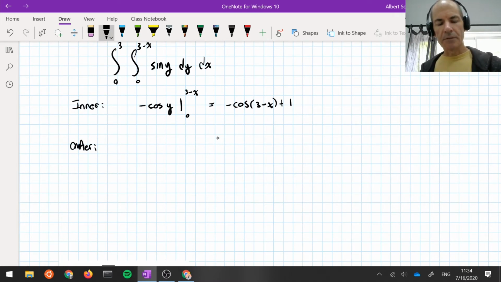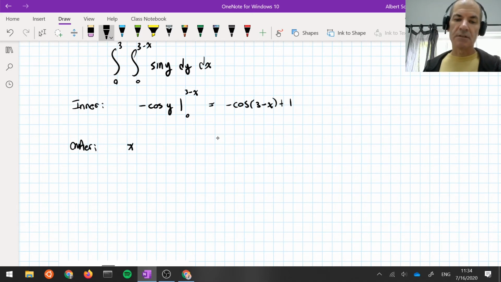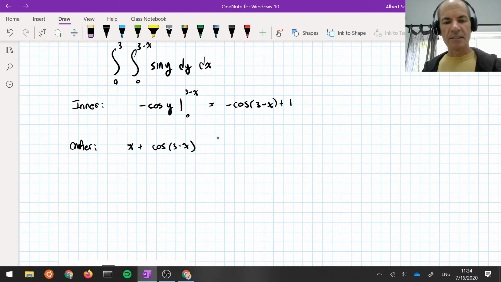So now the outer integral is with respect to x, and we just want to integrate this with respect to x. We get x, what? Oh gosh, so many minus signs. Plus sine of 3 minus x. Let me see if I believe that.